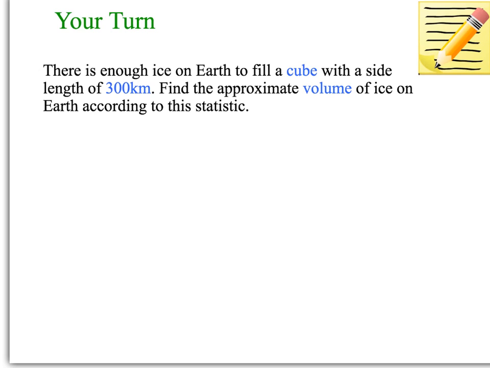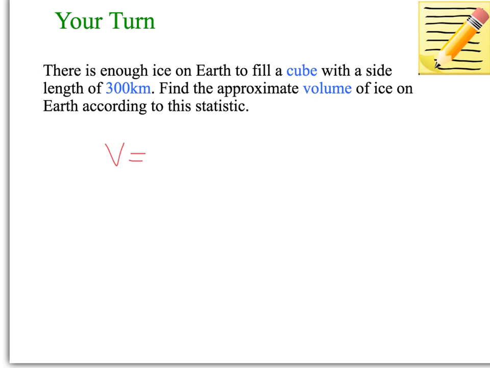When working this out, the main things you need to look at in the question are that it's a cube, so all sides will be the same, and the side length is 300 kilometers. We're looking at the volume, so that tells you what formula to use. You need to look for all the keywords in the question to tell you how to solve the problem. In this case, we need to just find the volume.